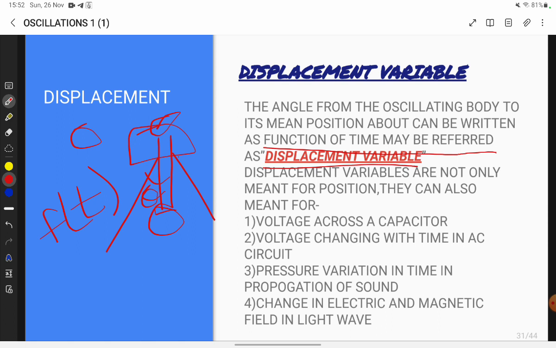Displacement variables are not only meant for position, they can also be meant for voltage across a capacitor. For example, when we take a capacitor, voltage changes with time in alternating current.